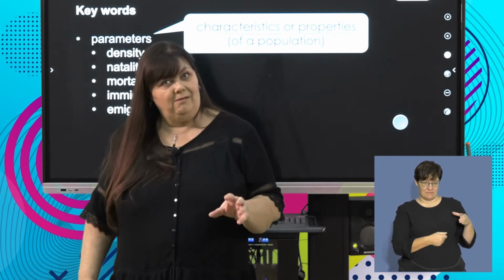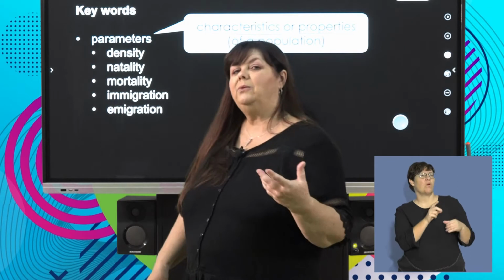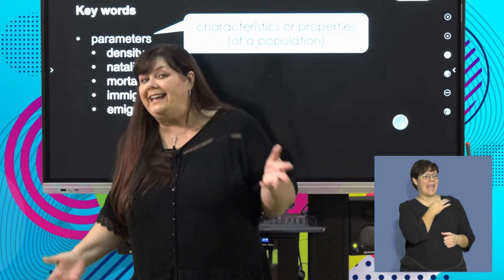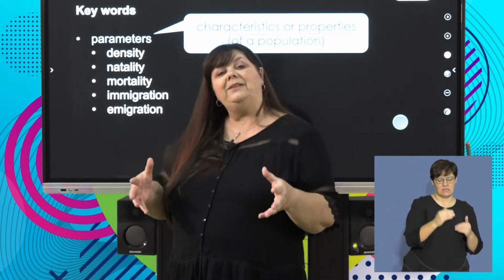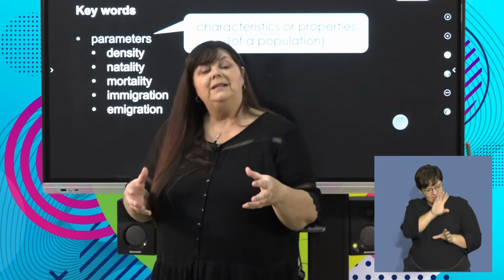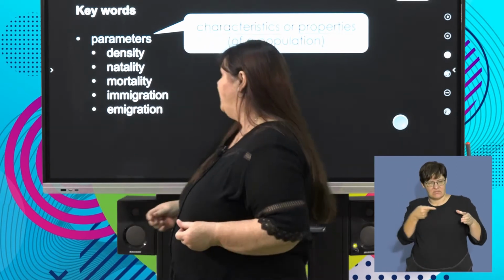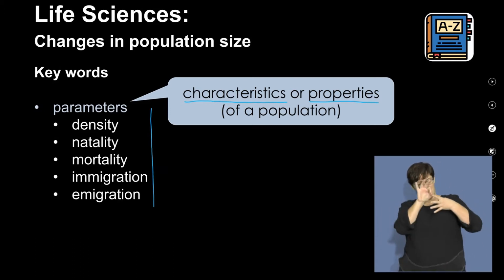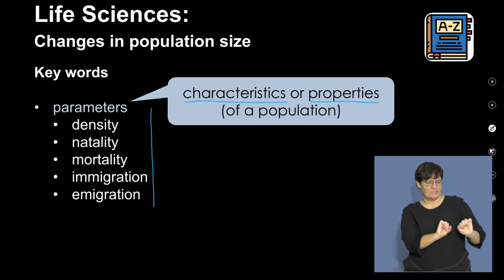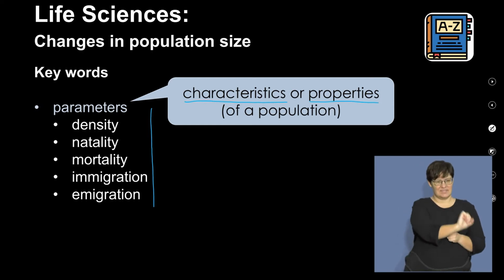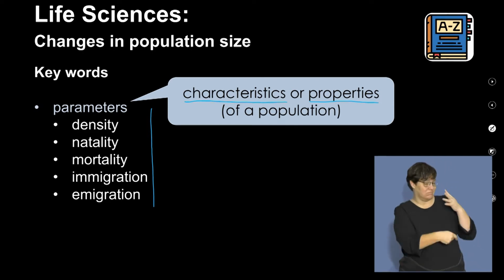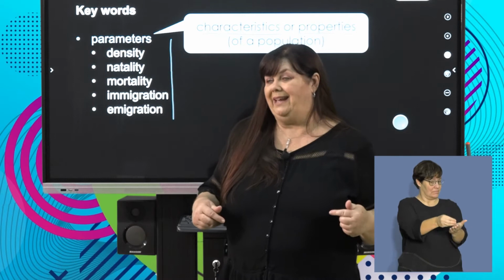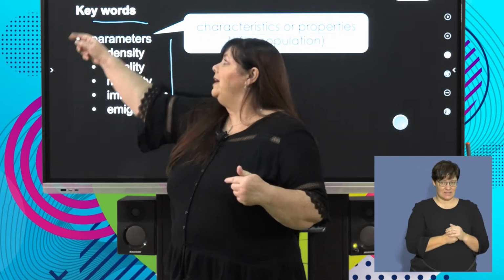All right? So we're not looking at the word in its everyday English meaning, we're looking at the word as it applies to populations. And there are a variety of different parameters we are going to have to become familiar with. So out comes that piece of paper again, because we're back to our keywords.